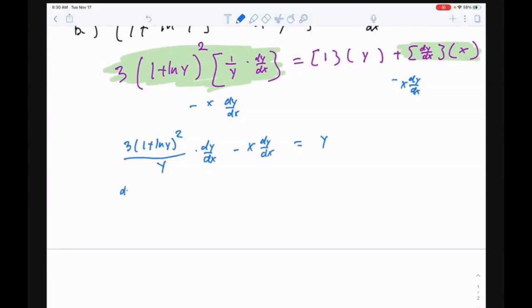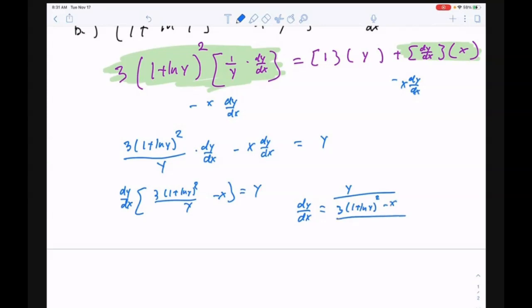I'll factor out the dy/dx: 3 times (1 plus natural log y) squared over y, minus x, equals y. So dy/dx equals y over 3 times (1 plus natural log of y) squared, minus x, all over, sorry, that first part over y.